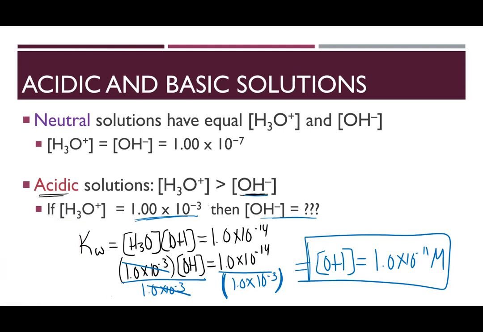One last thing I do want to just point out, because it's a common error. So 10 to the negative third is in fact a bigger number than 10 to the negative 11th. So 1 times 10 to the negative third looks like this.